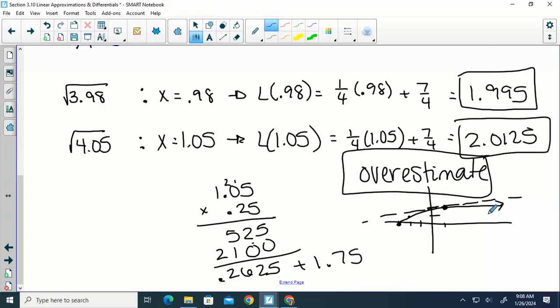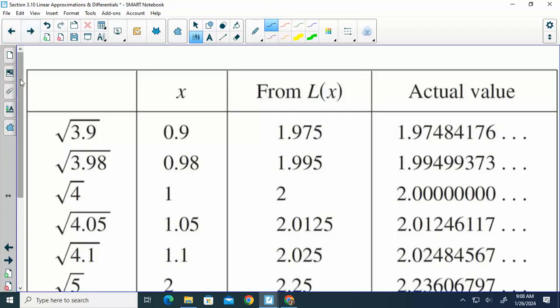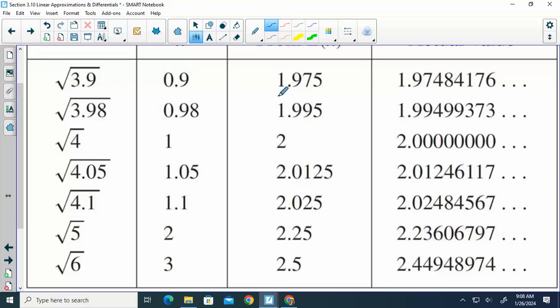The next slide, which you might have been referencing when I asked you to find these, has a bunch of these values, and it just shows you the difference. Here is the linear approximation. This is the actual. So we can see they are very close.